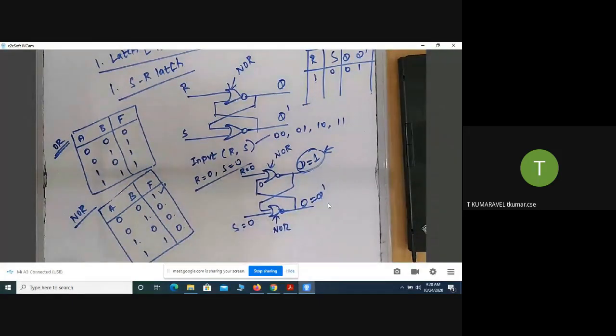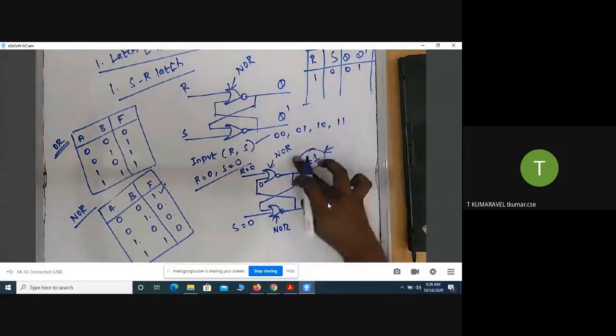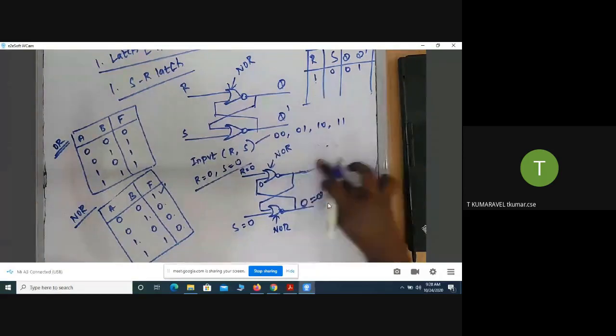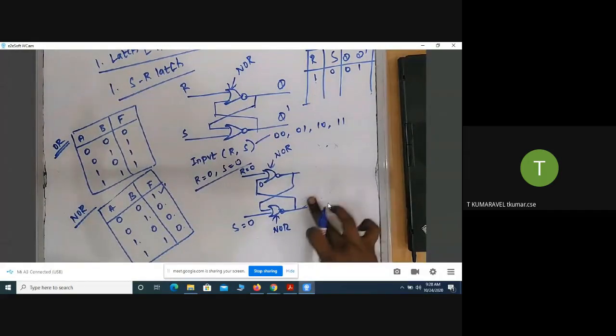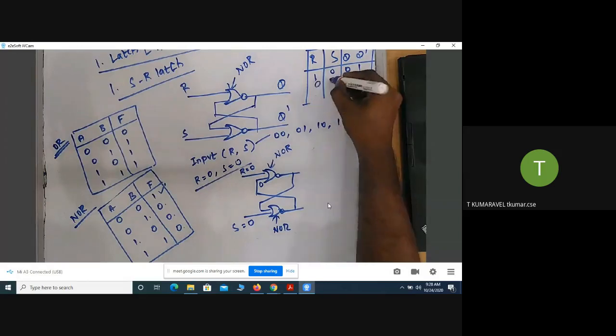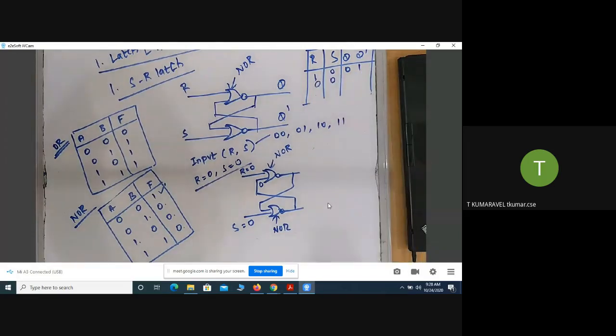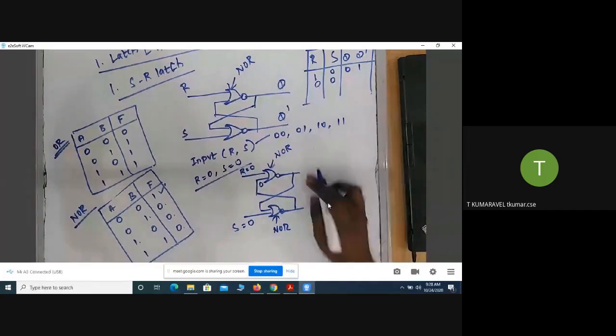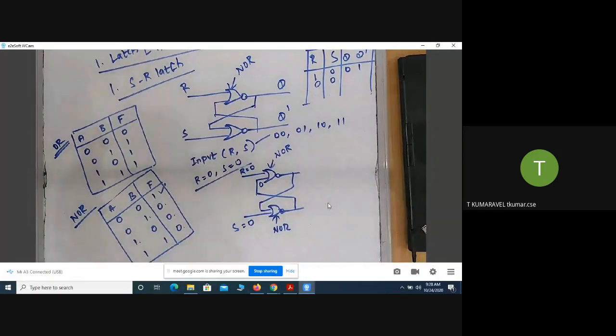Now we want to predict the behavior of the SR flip-flop with input combination 0 0. But here there is no clue.